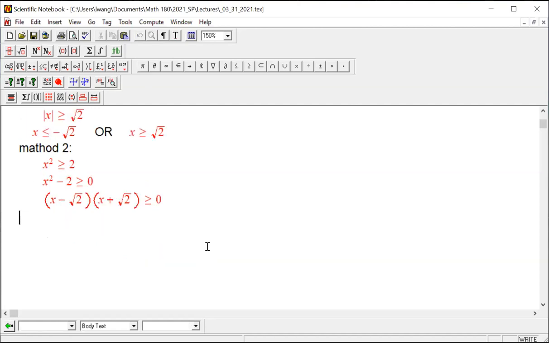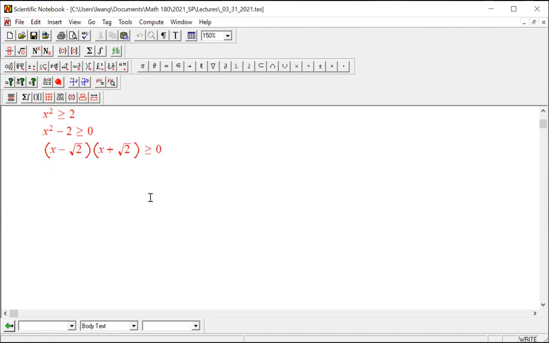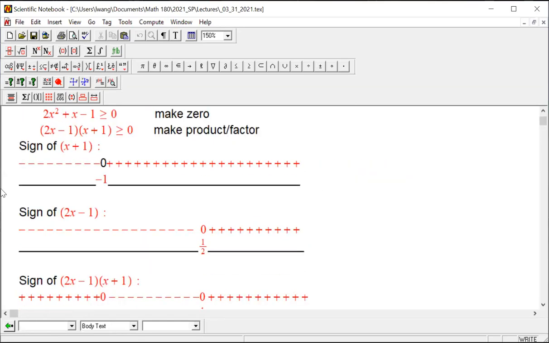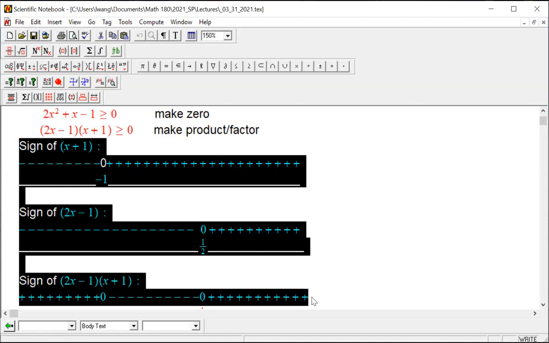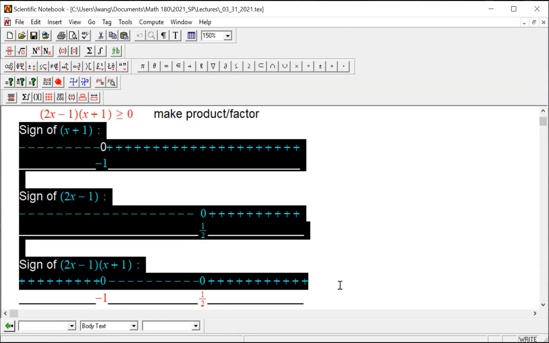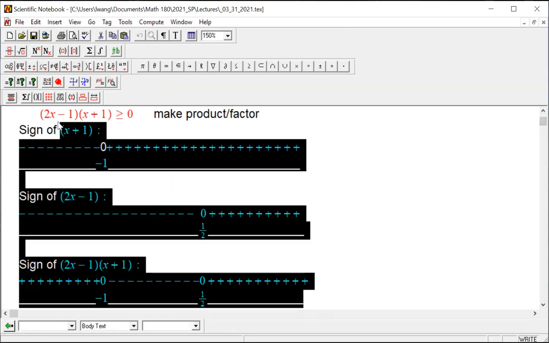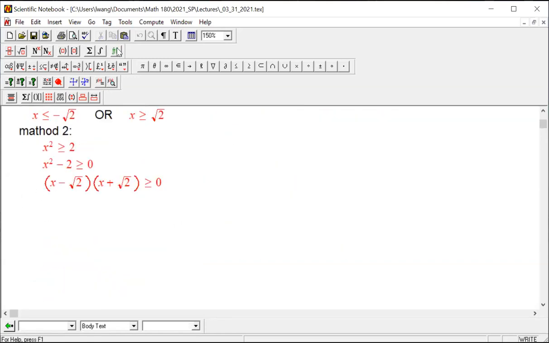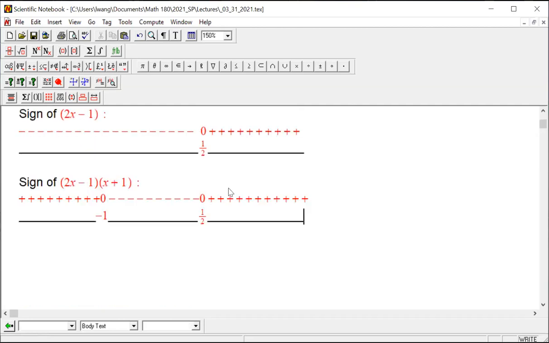You can do the sign chart. Everything will be the same for the sign, guys. I'm just doing this quickly, and you can make a reference.